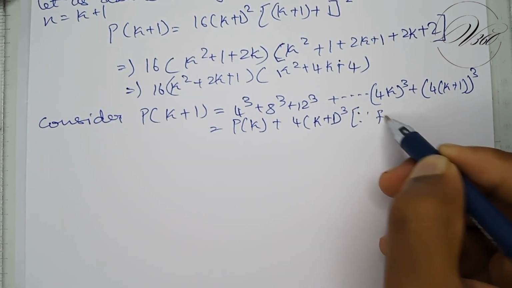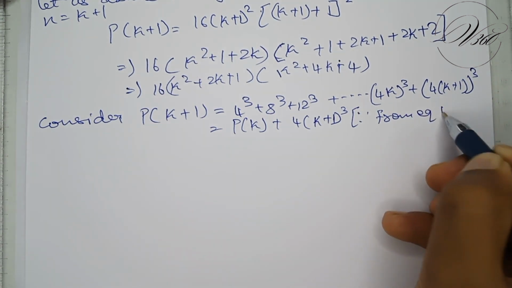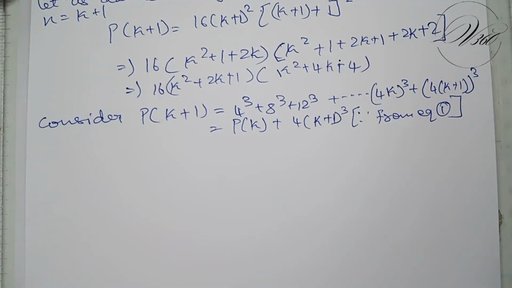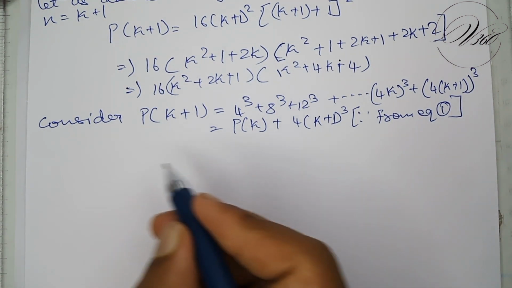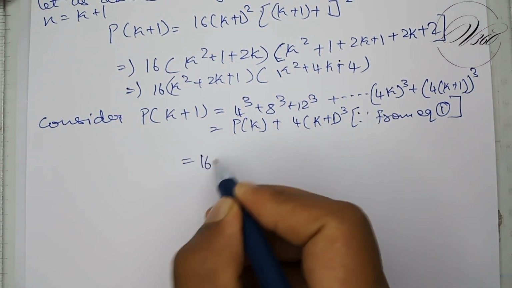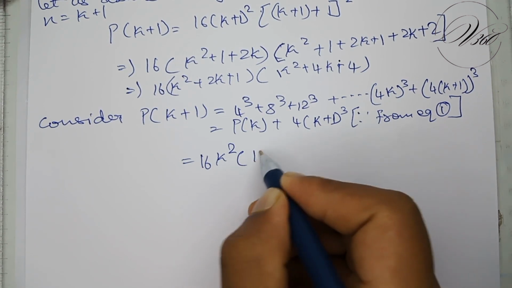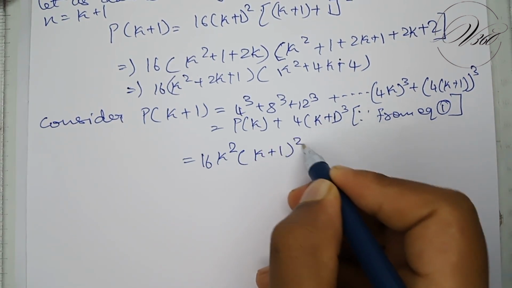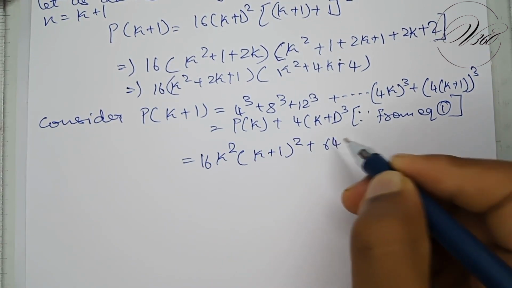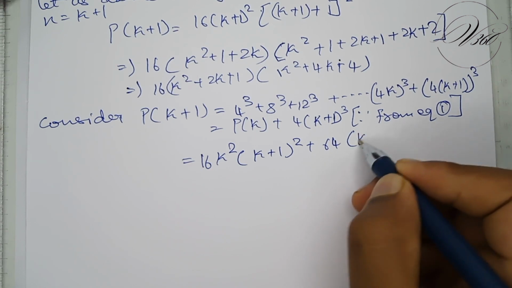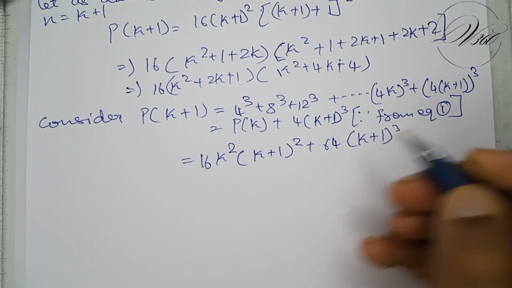since from equation 1. Okay, now we can write down that 16k square of (k plus 1) whole square plus 64 of (k plus 1) whole cube.